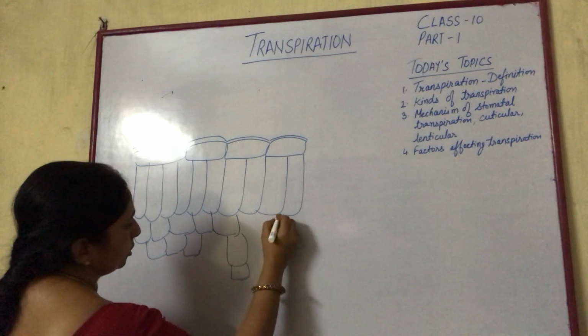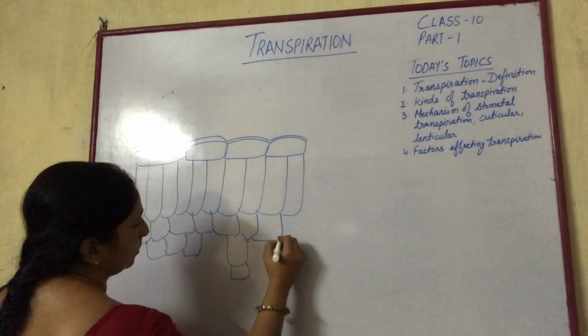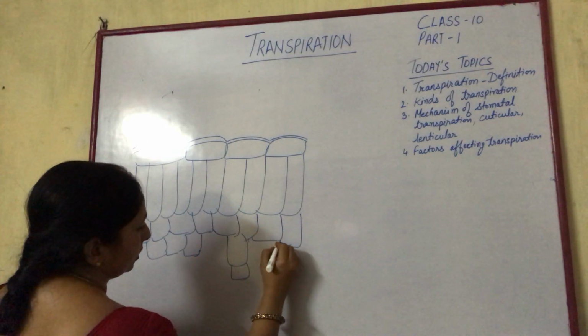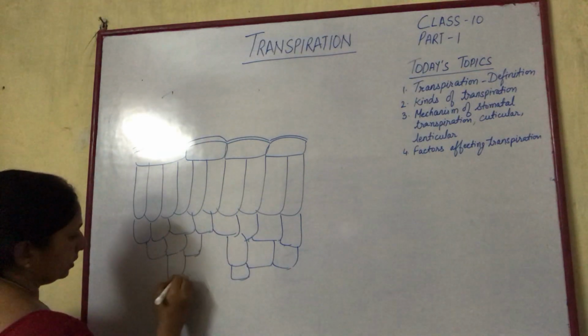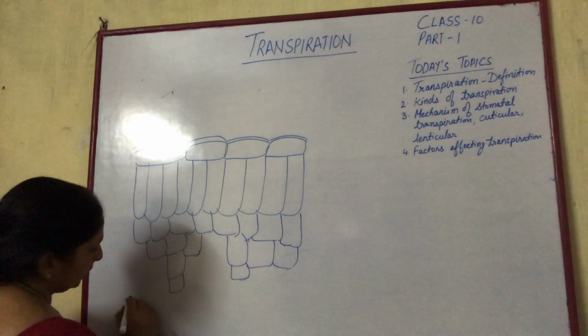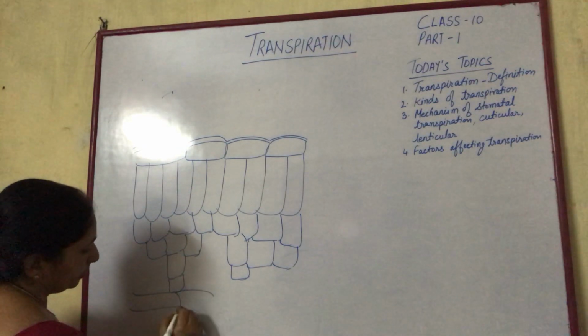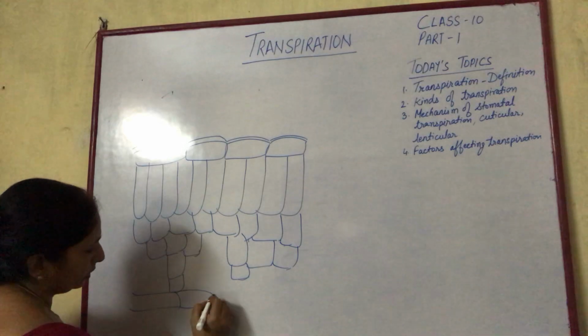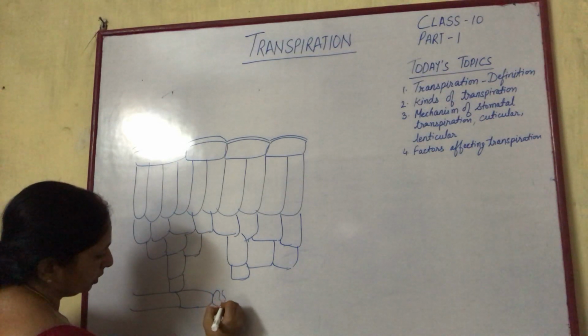In the spongy mesophyll cells, there are intercellular spaces. Now the lower surface is the lower epidermis, and here the bean-shaped stomata.